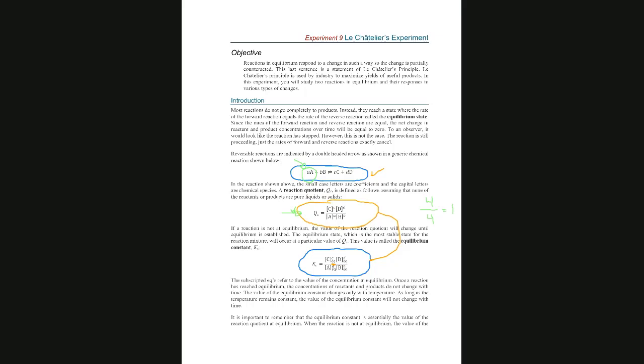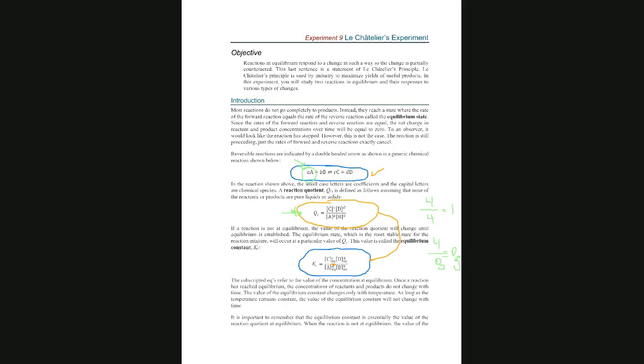But if I have a bigger number in the denominator, like in my case, because I add A, let's say I have 8, the answer is a smaller number. It's going to be half instead of 1. So the value of this fraction decreases.